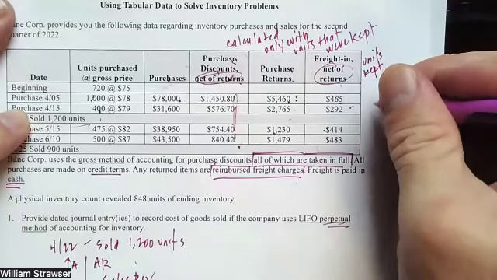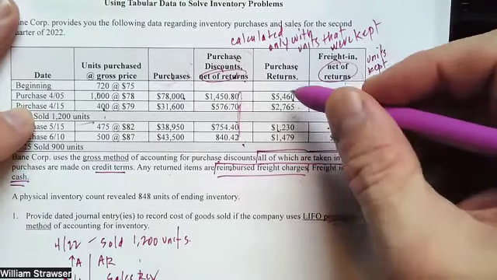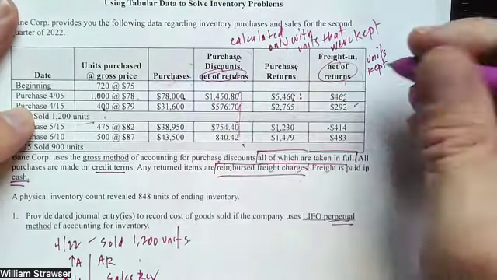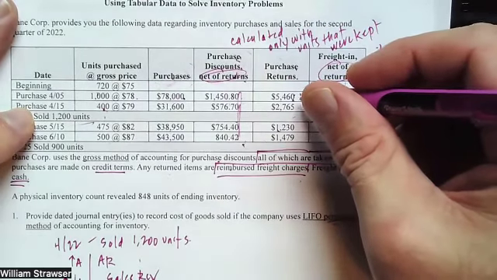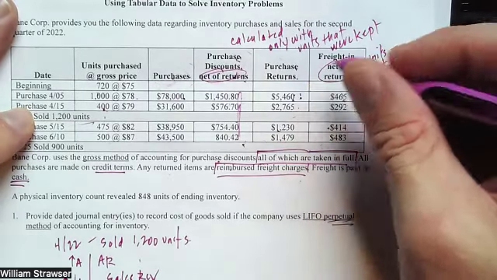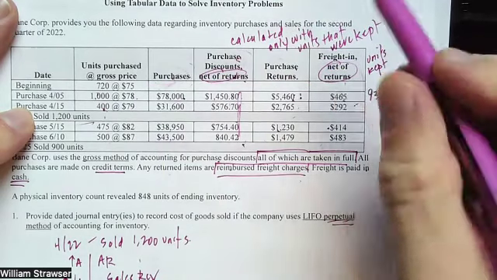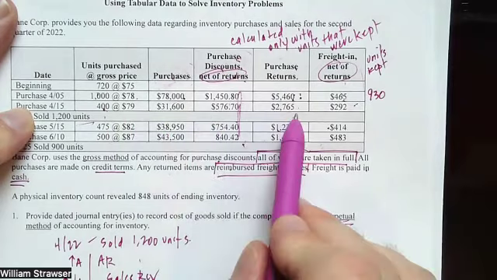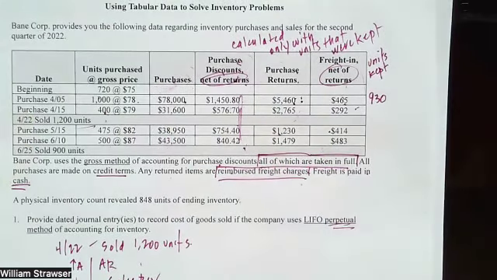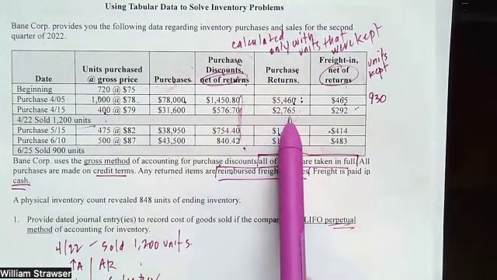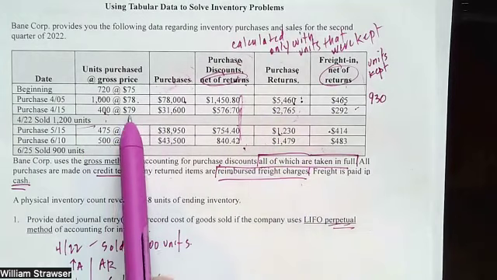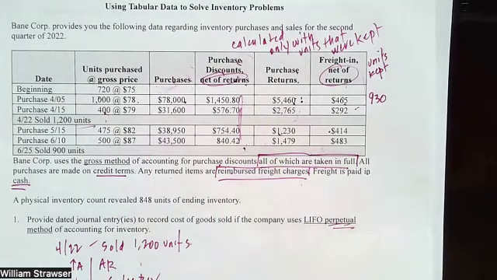Well, we already figured that out for 405. We divided purchase returns by the gross price. We found out that we returned 70, and so we had 930 that were kept. And then here we have 2,765 in purchase returns. These would be based on the gross price because we're using the gross method.